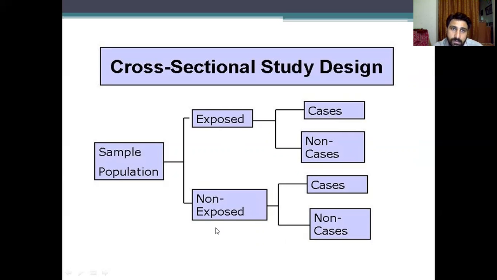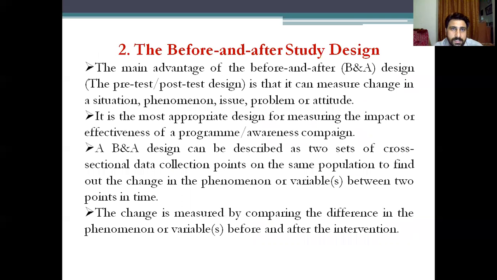Then you take a fraction of the population, some medical practitioners or doctors who are not using tobacco, who are not smoking cigarettes, and you test whether they have developed lung disease or lung cancer or not. So this is how you conduct a cross-sectional study.